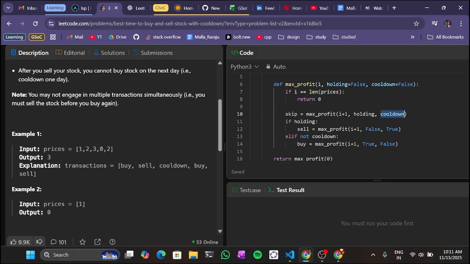If we are skipping, there can be two cases. One, the cooldown is false, and the other, the cooldown is true.